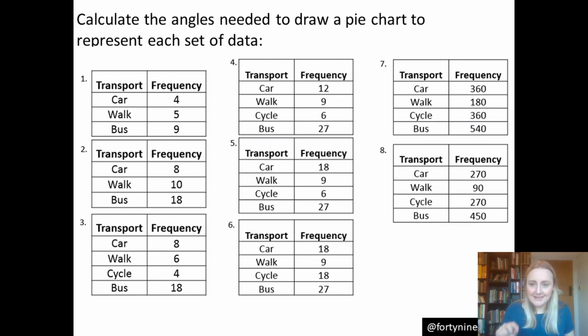And that thinking is what gives them a greater understanding of what's going on in pie charts. There's a fantastic choice of questions here, and once the students start working out the angles, it should make them stop and think, well, what's going on there? Why has that changed? Why hasn't that changed?